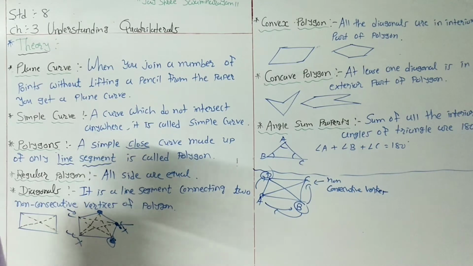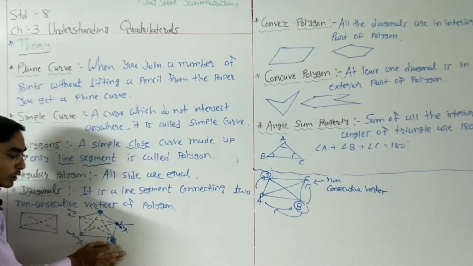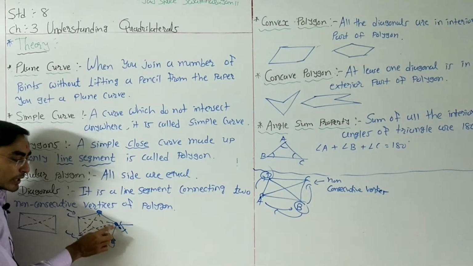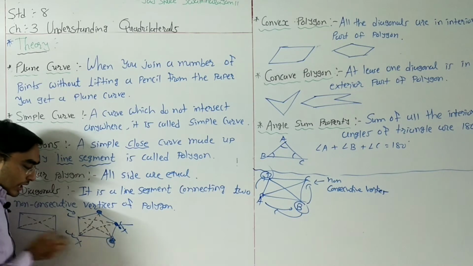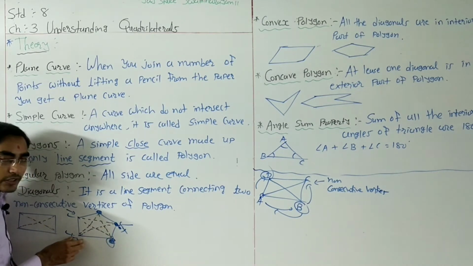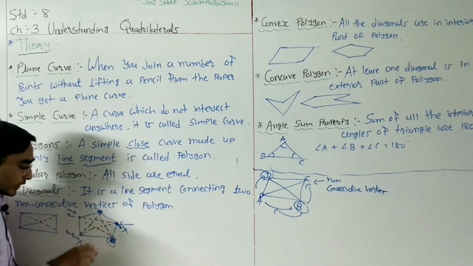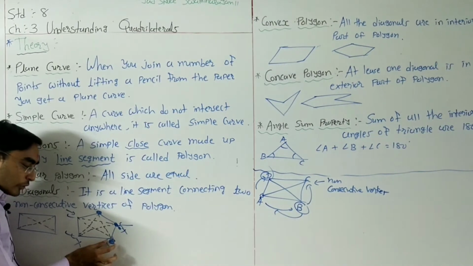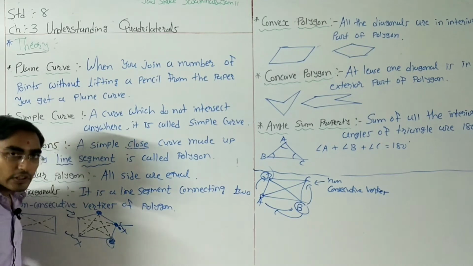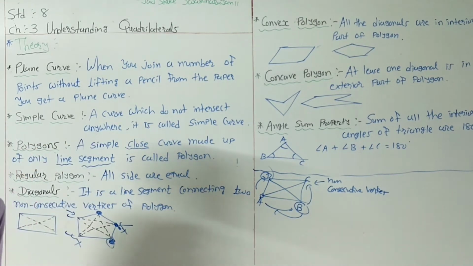Consecutive vertex means nearby. For this point, in the upward direction this is a consecutive vertex, and on the left-hand side this is a consecutive vertex. The other two are non-consecutive vertices, so if we join this point with these two points, they are called diagonals.